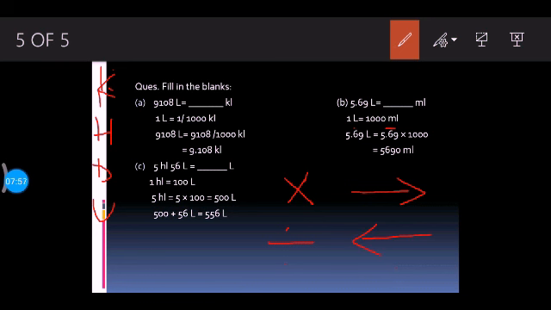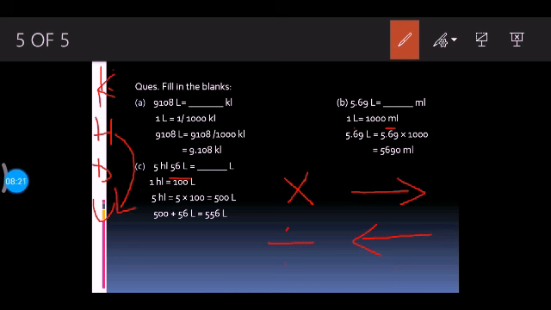Okay. So C part is 5 hectoliter and 56 liters. You have to convert them into liters only. As you can see here, 56 is already given to you in liters, right? You just have to convert 5 hectoliter. So from hecto to liter, that means I have to move in downward direction, and that too 2 times.